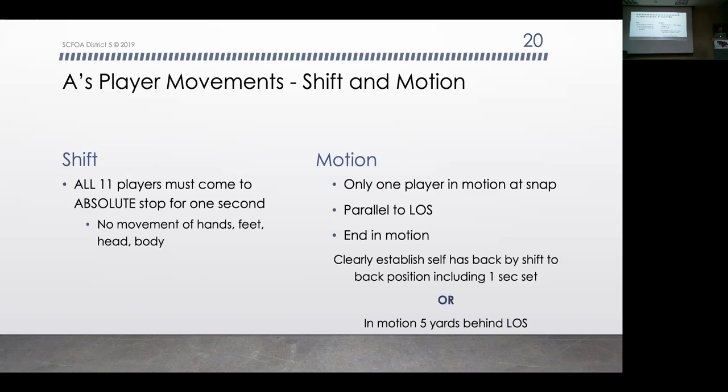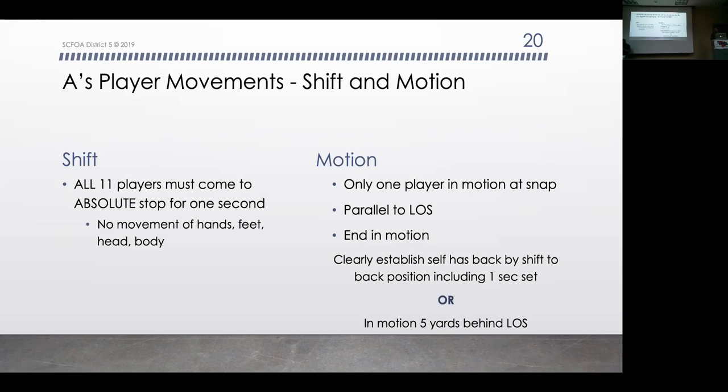If the end goes in motion, then he has to clearly establish himself as a back by a shift. So he has to take a step back, pause a second, and then he can go in motion, or he can go in motion 5 yards behind the line of scrimmage, which I don't think we ever see. But most of the time you might see, Dutch Short does this all the time.